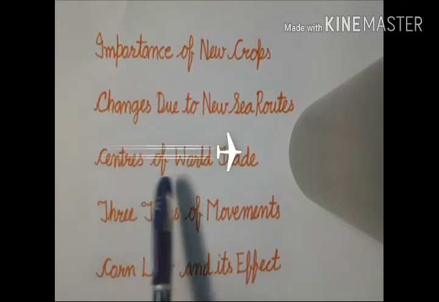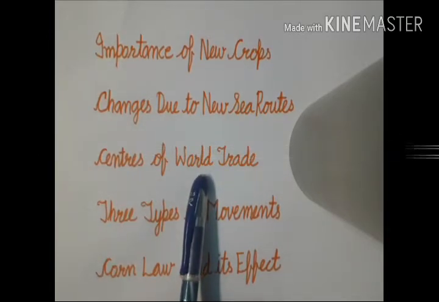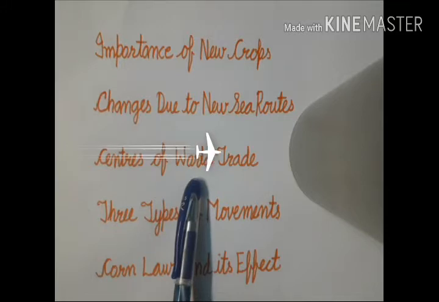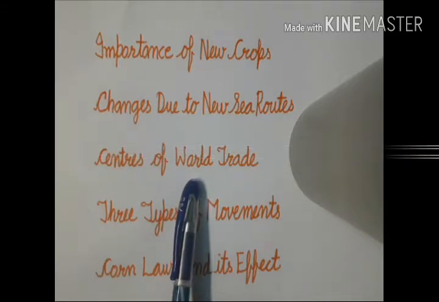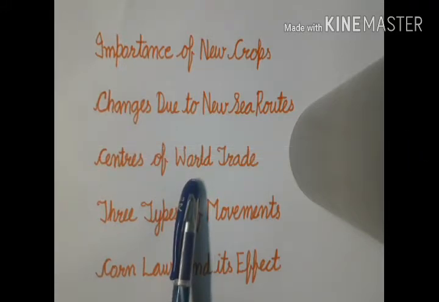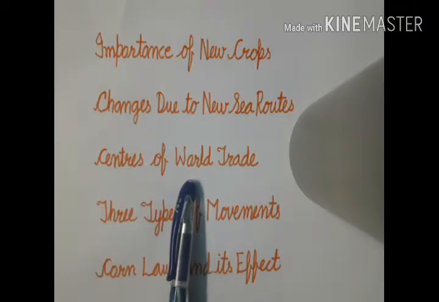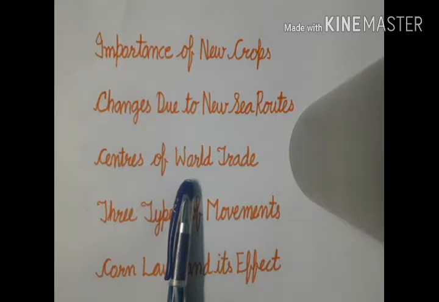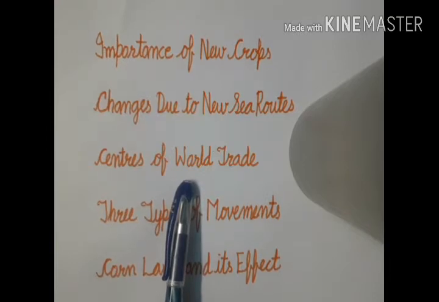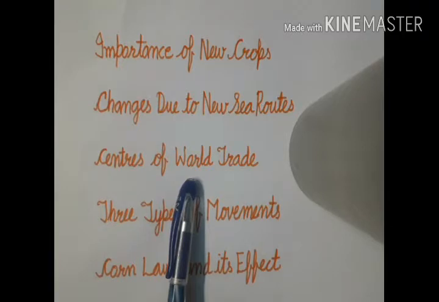Students, our next point is centers of world trade. Before the 18th century, the center of world trade was Asia. China and India were among the world's richest countries. From the 15th century, China restricted overseas contacts and retreated into isolation.